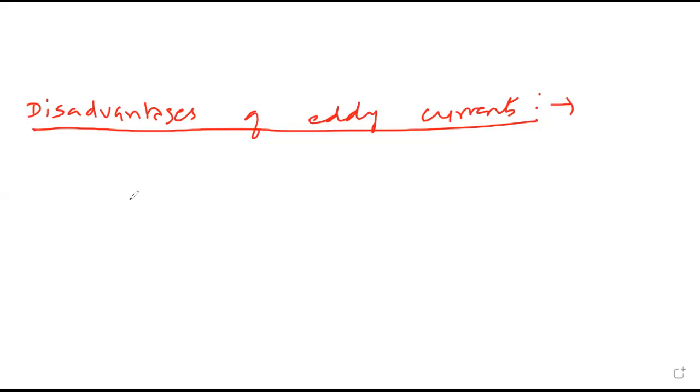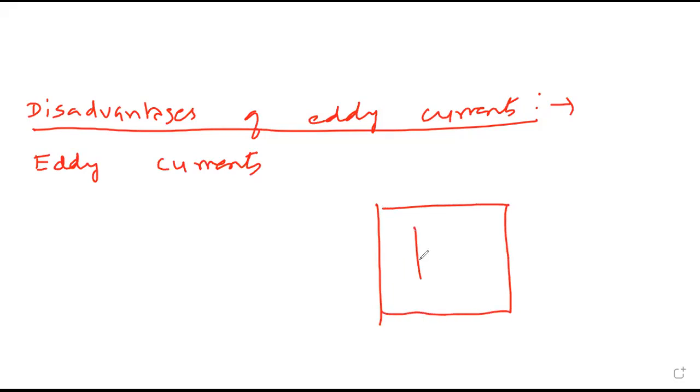Disadvantage of eddy current. Eddy currents are generally developed in the metal. Suppose this is the core of a transformer.